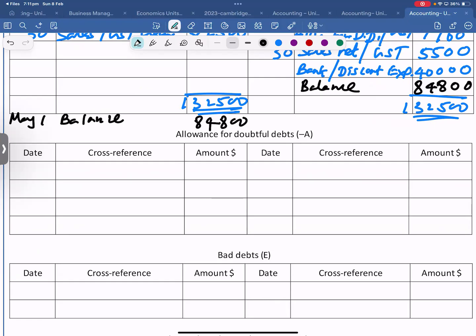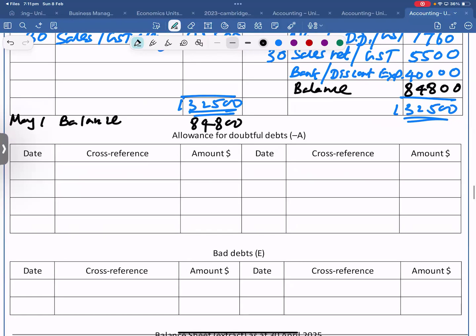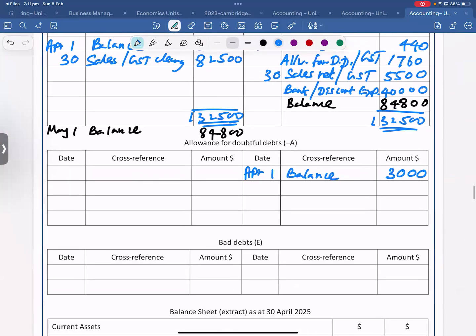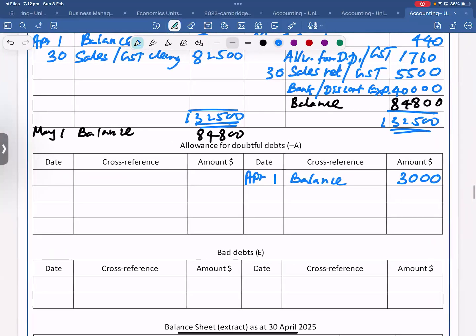Okay, guys. What's the opening balance for the doubtful debts? 3,000, yes. April 1st. Then we had an entry on April 25th, yes. What's it?